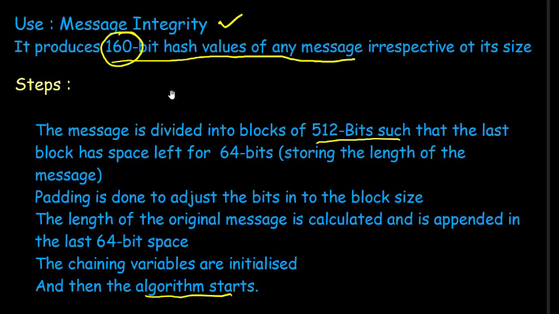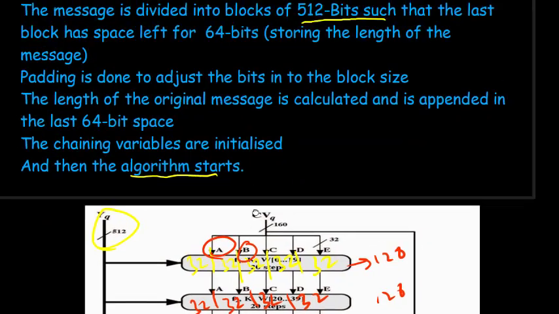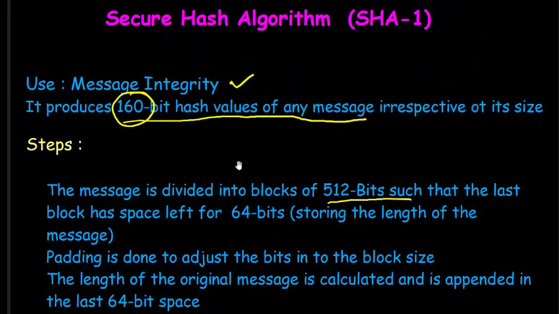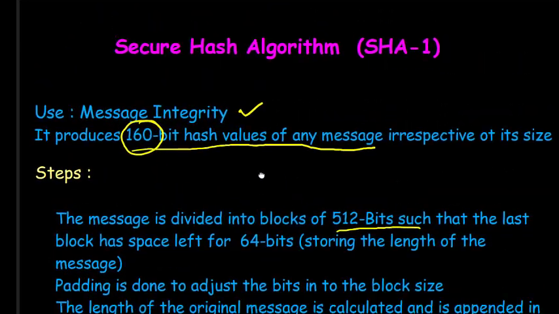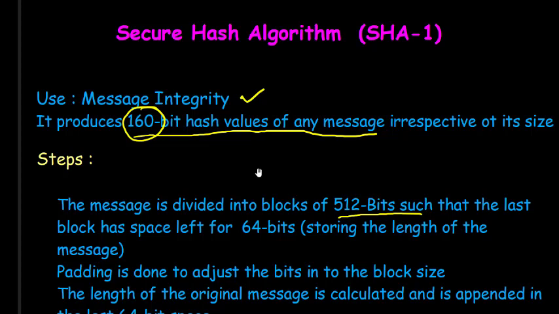So message and this hash are both sent to the receiver. The receiver also does the same operation, calculates the hash value and compares it with this. So that's how SHA works. Now how to implement it in Python will be done by Professor S. She will explain how we can implement this particular SHA using Python.